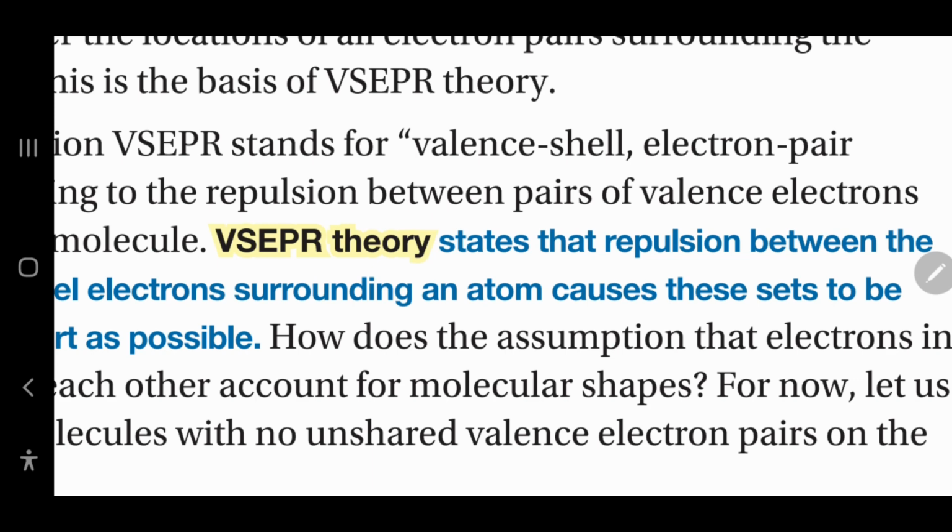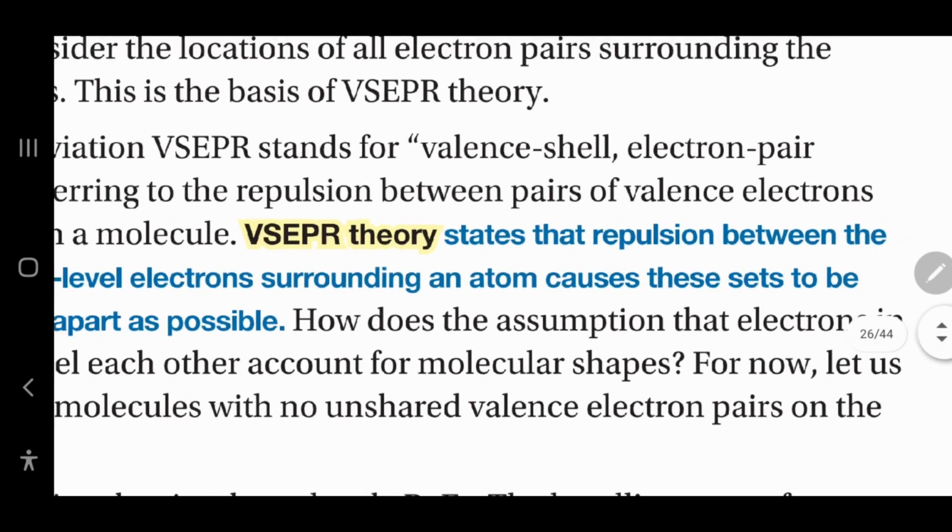So VSEPR is V for valence, S for shell, E for electrons, P for pair, and R for repulsion. So mainly we are talking here about repulsion between electrons, which is something natural, because as you know, the electrons are all negatively charged, so they have to repel each other to be stable.